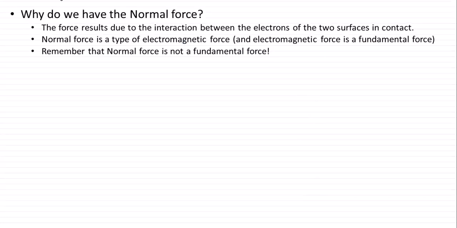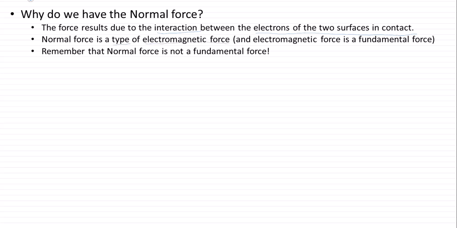Now let's go into the reason for the existence of the normal force. We are trying to understand more and more about the normal force. The normal force is a result of the interaction between the electrons of the two surfaces in contact. That's very important. Since we have the interaction at the level of the electrons, normal force is a type of electromagnetic force.